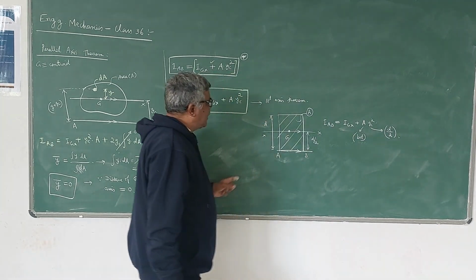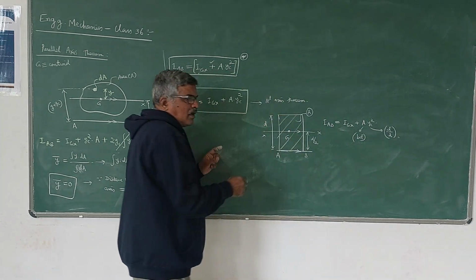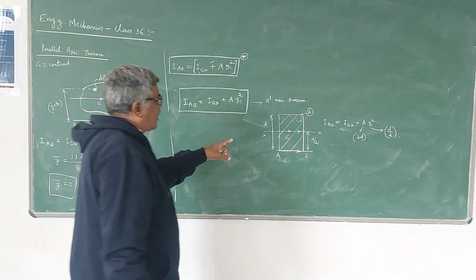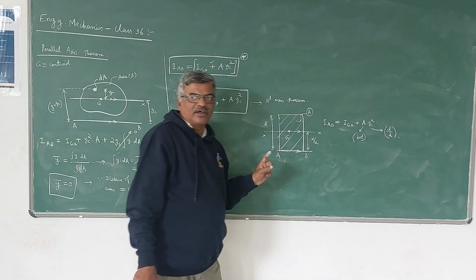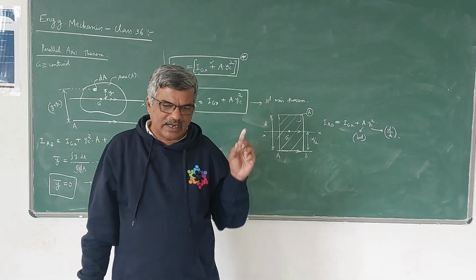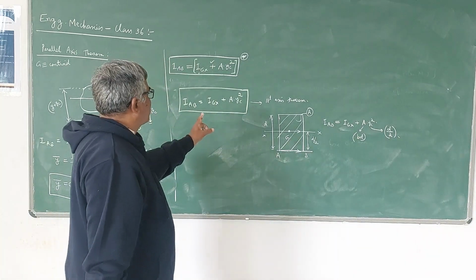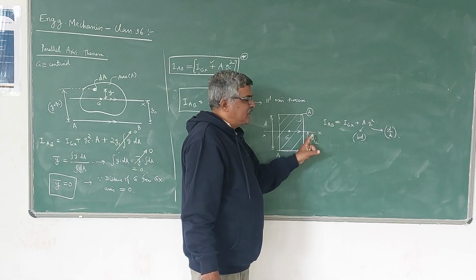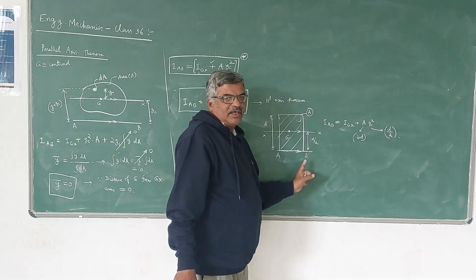So if you know the moment of inertia of any section about its centroidal axis like GX, you can always find the moment of inertia of that area about an axis parallel to that centroidal axis using this parallel axis theorem. The only thing you should know is the distance between the two axes and the area of the section.